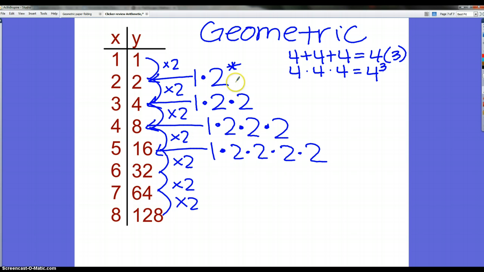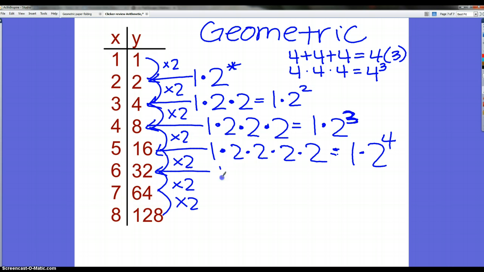So what we're dealing with here is this becomes 1 times 2 squared, 1 times 2 to the 2nd. Then 2 to the 3rd, 2 to the 4th, and that pattern is going to continue. So 1 times 2 to the 5th. Technically, we don't have to times by 1. We can just say 2 to the 6th, and then 2 to the 7th.